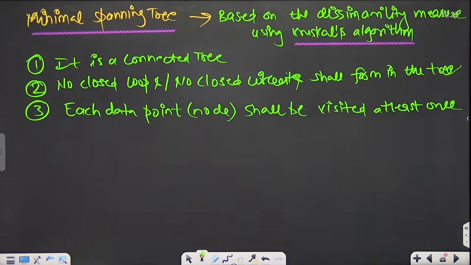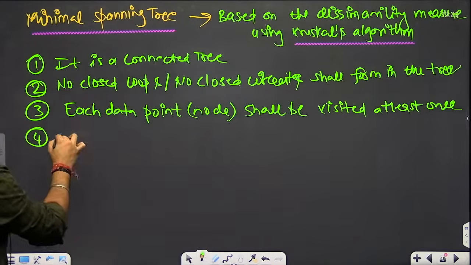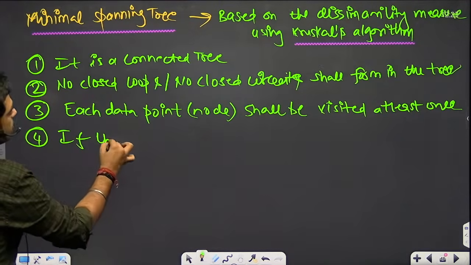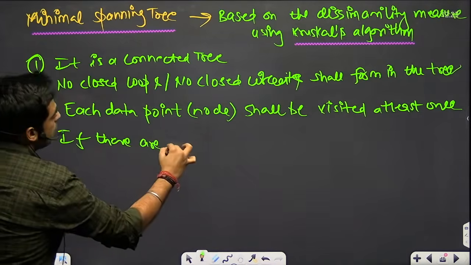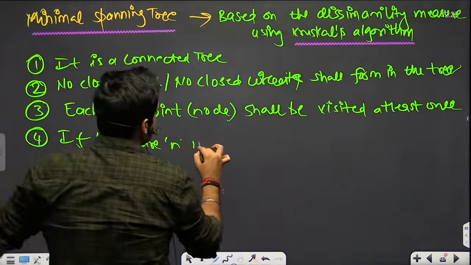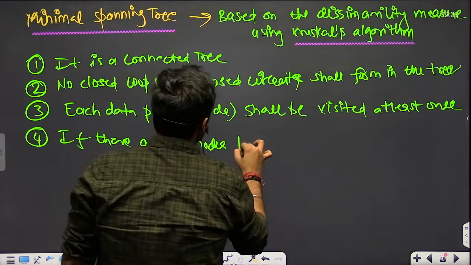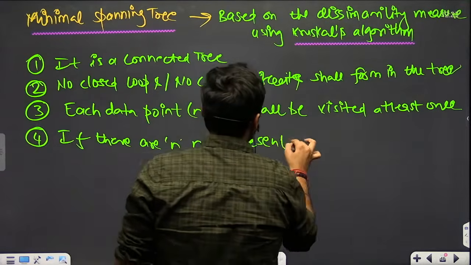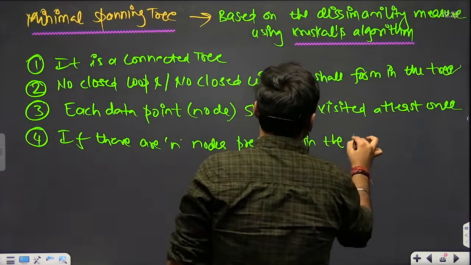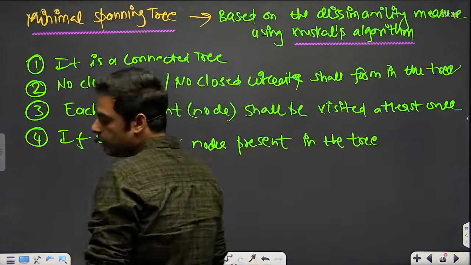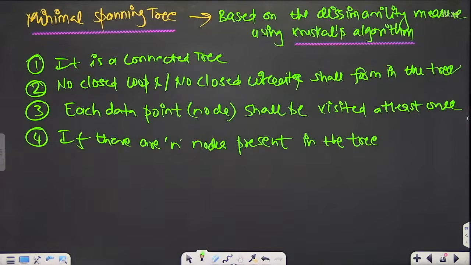Now the fourth point is, for example, if there are n nodes present in the tree, then we would be having n minus 1 edges.